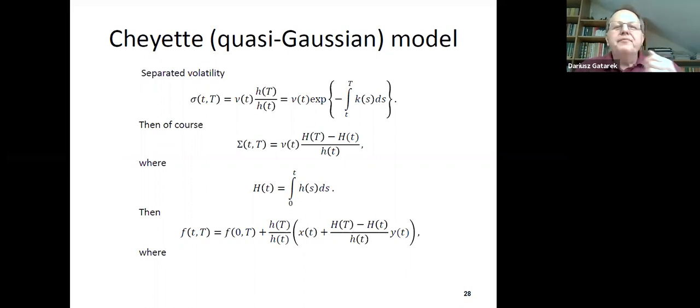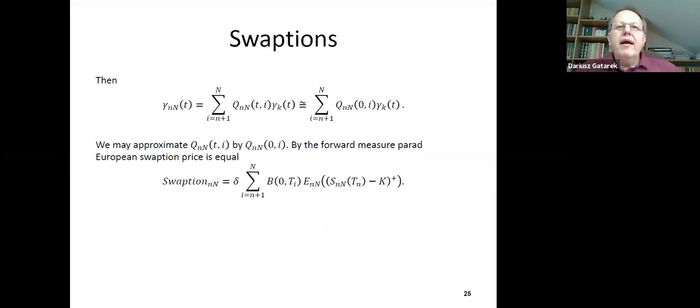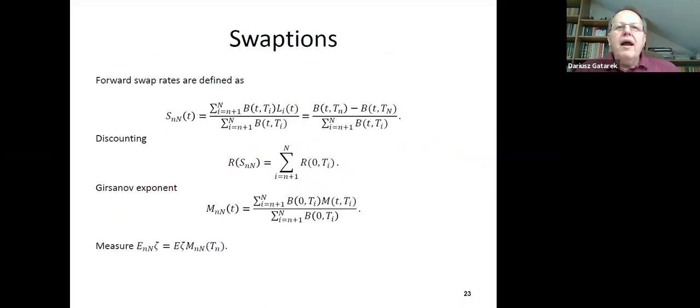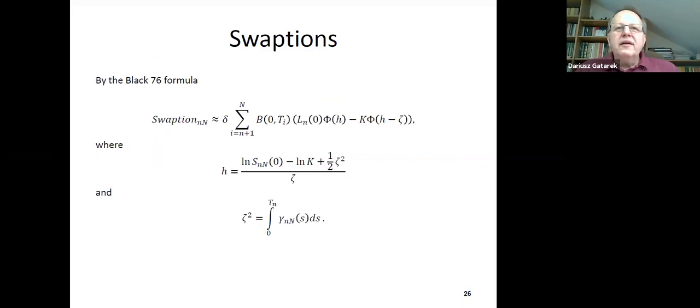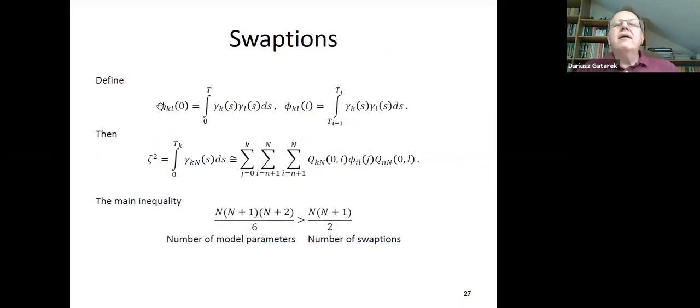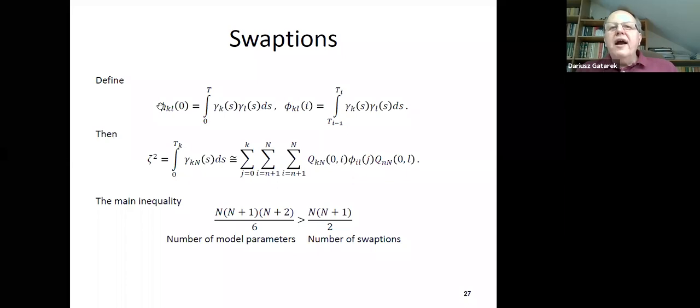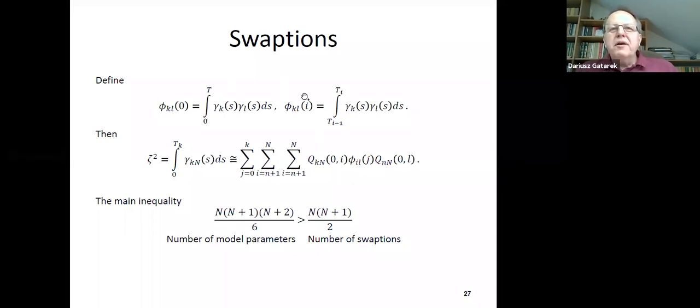But Vega, so derivative with respect to volatility is a matrix, because volatility itself is a matrix.